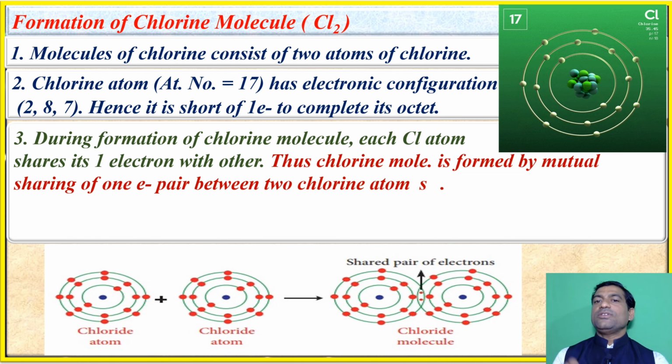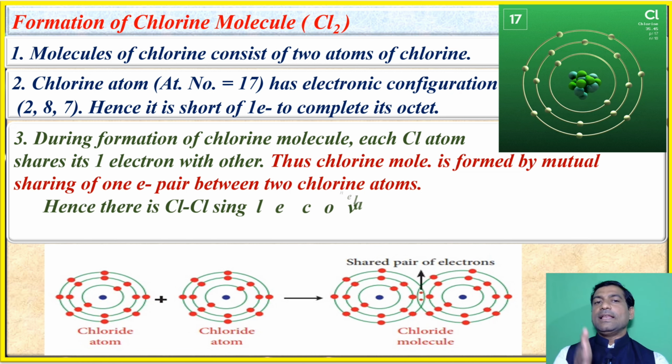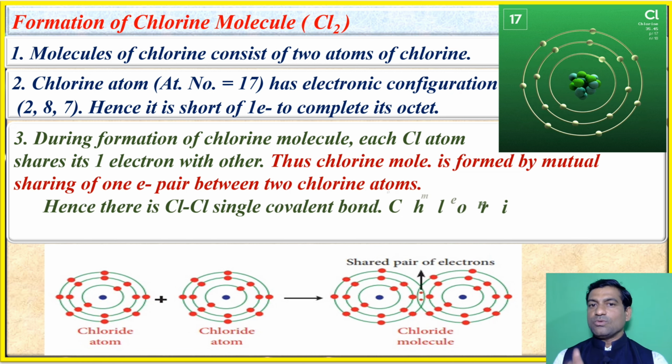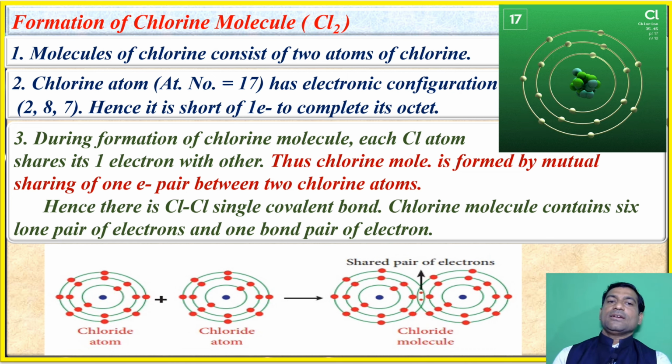Thus, the chlorine molecule is formed by mutual sharing of one electron pair between the two chlorine atoms. Hence, a single covalent bond is formed between the chlorine atoms, and one chlorine molecule contains 6 lone pairs of electrons and one bond pair.